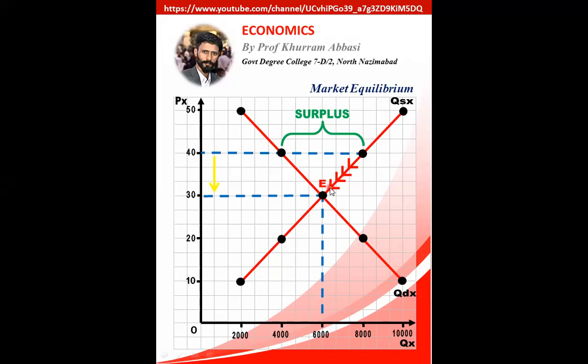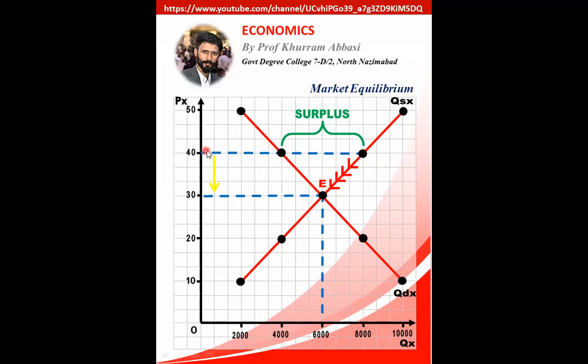If supply decreases from this point to this point, it is showing the supply decreases from 8,000 units to 6,000 units. It means the surplus units have decreased.